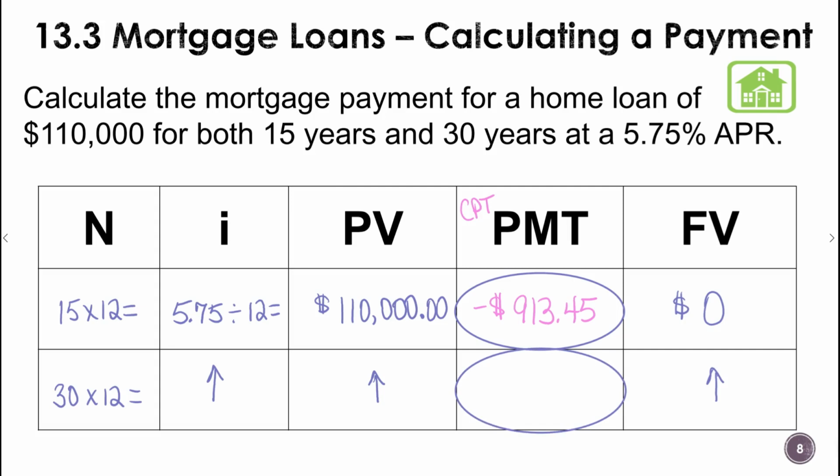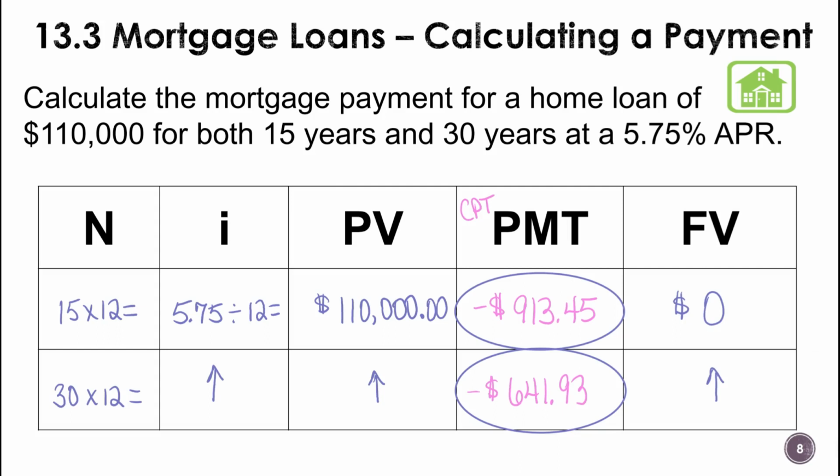And when you compute this payment, you find that your monthly payment is $641.93. So it's quite a bit less than the 15-year loan, but you are paying that payment for 30 years.